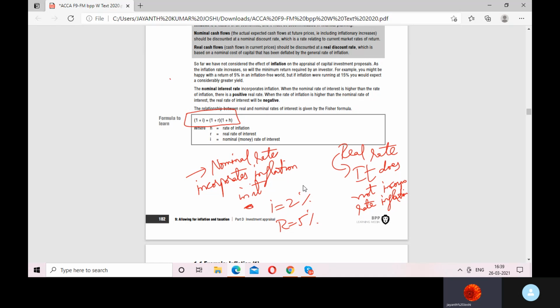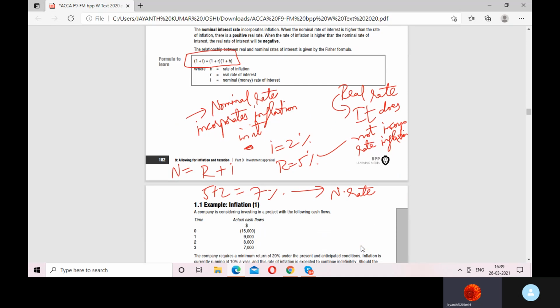If inflation was not there, what would have been your rate of return, or the rate in the market for any of the investments? 5%. Now nominal rate is nothing but real rate plus inflation. Without inflation the rate is 5%. With inflation the rate is 5 plus 2, 7%, and that is your nominal rate.